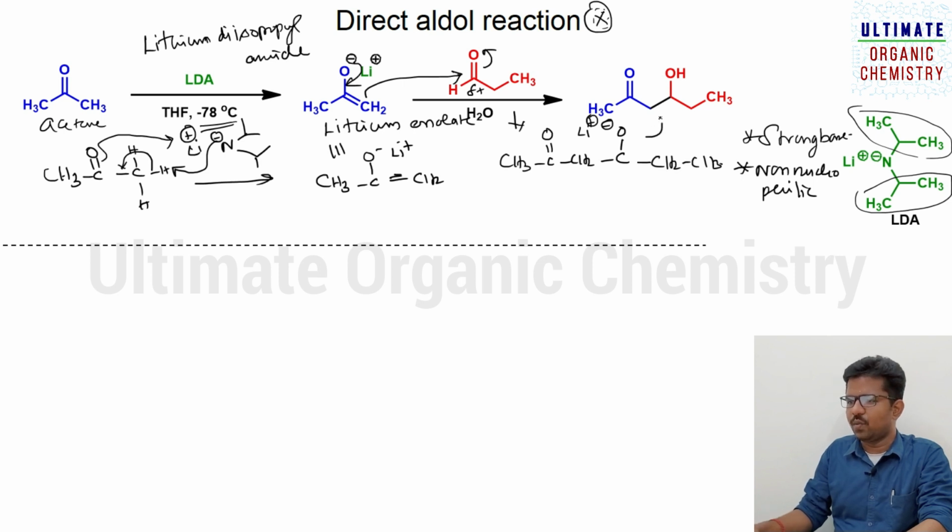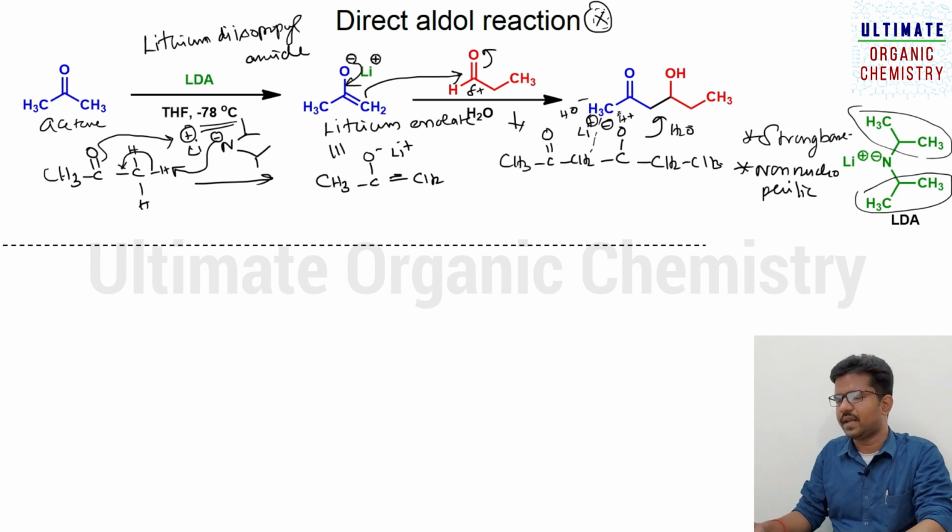Now after adding water, this will be protonated, so H plus will be added, here OH minus will be added, I am writing as simple as possible. So you will get the corresponding product.